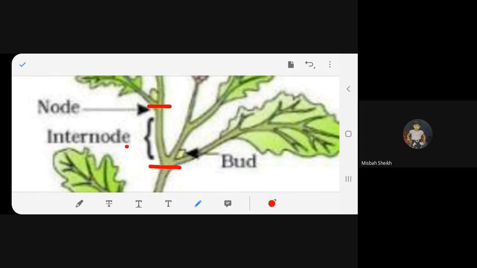The portion between the nodes is called the internode. For example, in sugarcane, you get one line here, then one line here, and then one leaf and one small bud-like structure. These are nodes, from where you get the branch.